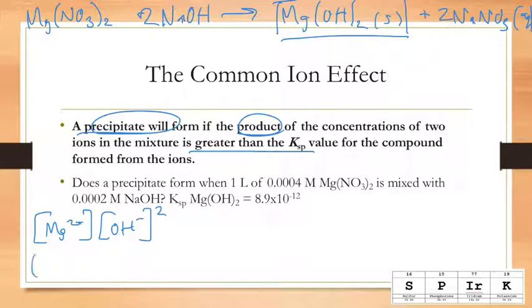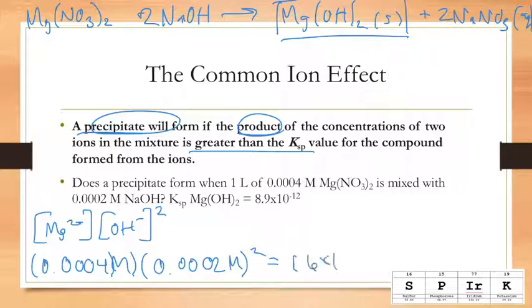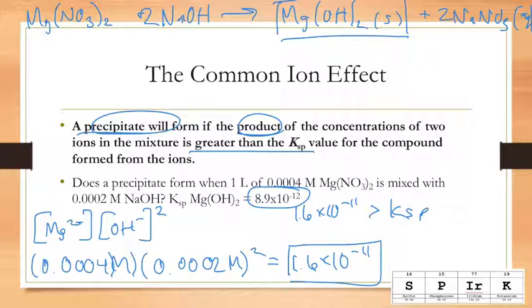So we take their concentrations, 0.0004 molar times 0.0002 molar, squared, and when we multiply these together, we get 1.6 times 10 to the negative 11. 1.6 times 10 to the negative 11 is greater than the Ksp value given to us. So what that means is that a precipitate will form.